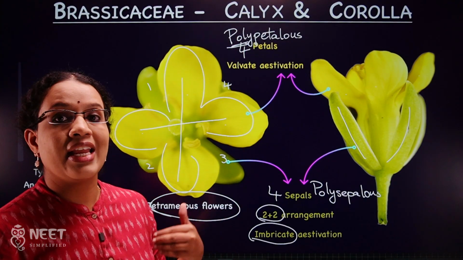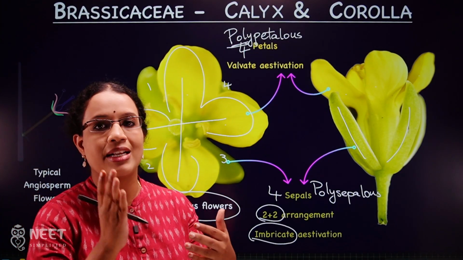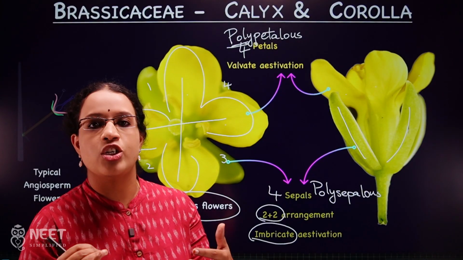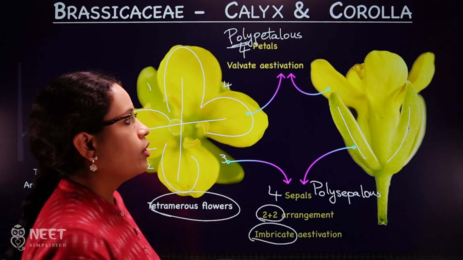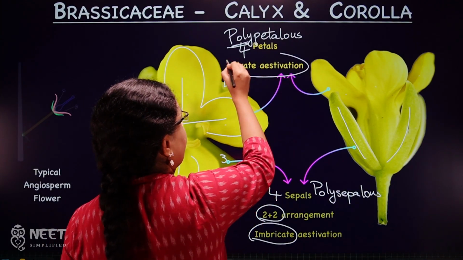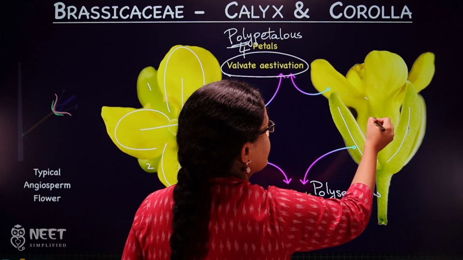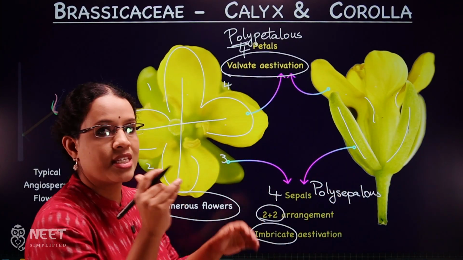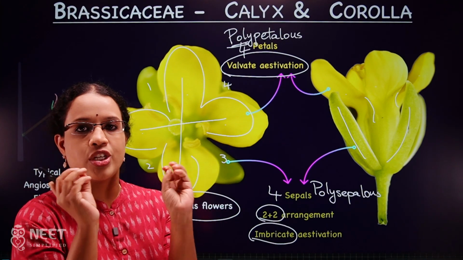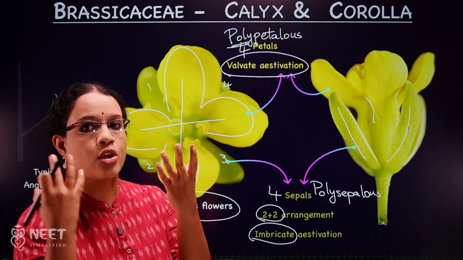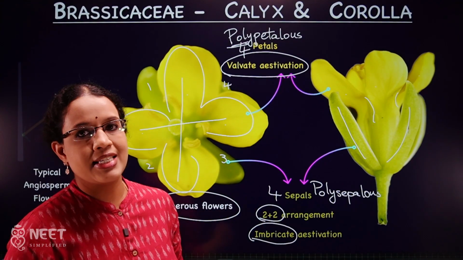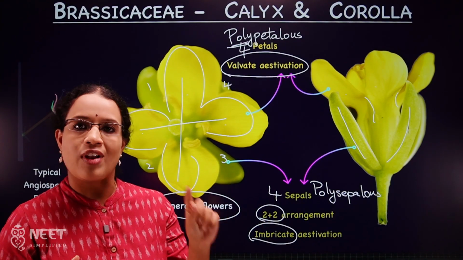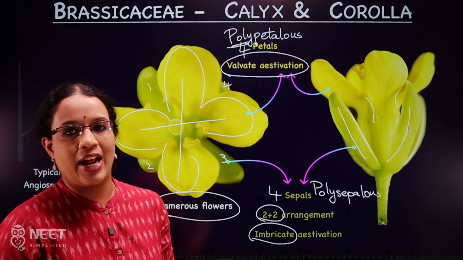And coming to the estivation, you will see that the petals are not overlapping each other. Only the margins are going to touch each other. So this is called valvate estivation, very clearly seen here. Only the margins are just attaching to each other. You're not seeing the fusing of the petals. So polypetalous and valvate estivation, tetramerous flowers in case of the Brassicaceae.